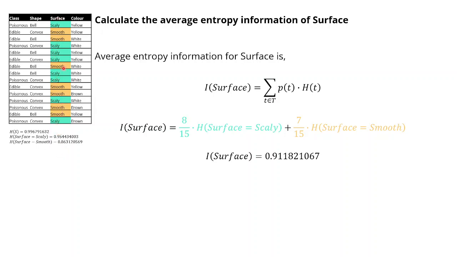So we have 8 scaly surfaces divided by 15 rows in our data times the entropy of the scaly surface, plus the smooth surfaces. We have 1, 2, 3, 4, 5, 6, 7. So 7 over 15 times the entropy of the smooth surface. Okay. So, when we calculate it, we have 0.911 something. Okay?